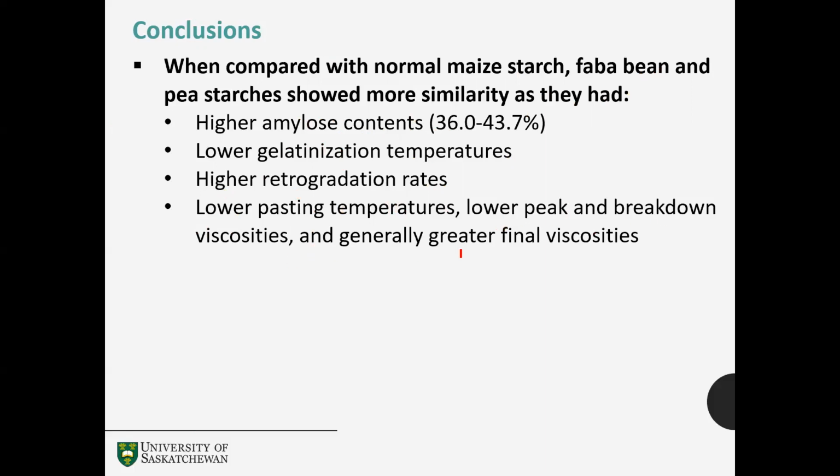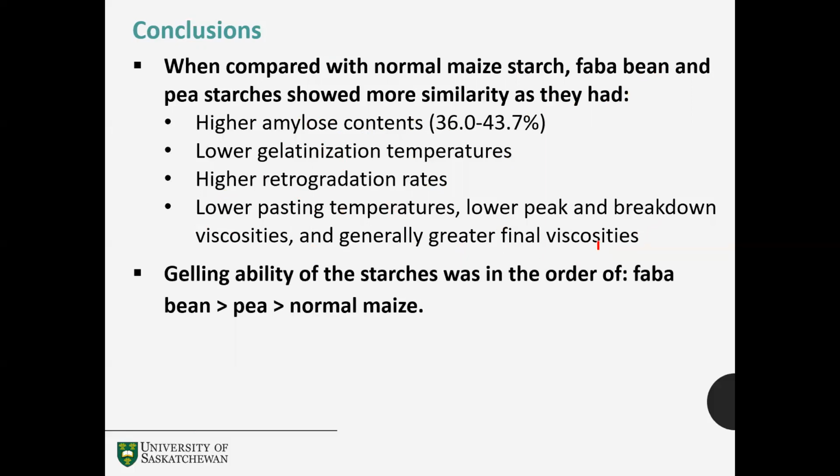And in general, they had greater final viscosities. With respect to the gelling ability of the starches, faba bean starches form the firmest gel, followed by pea starch, followed by the normal maize starch. And the strong gelling ability of the faba bean starches is worth further investigation.